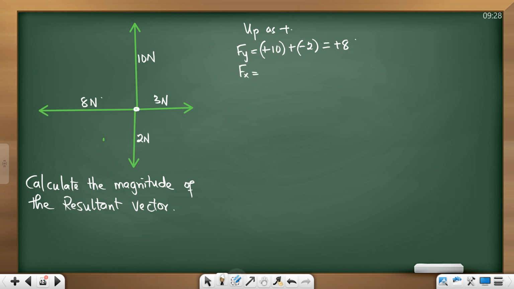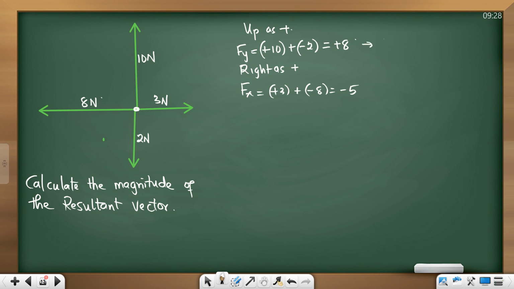What do we have? Fx. Let's choose right as positive. Fx would be what? My right is now positive. What would I have? Positive 3 plus negative 8. What's my answer? Negative 5.